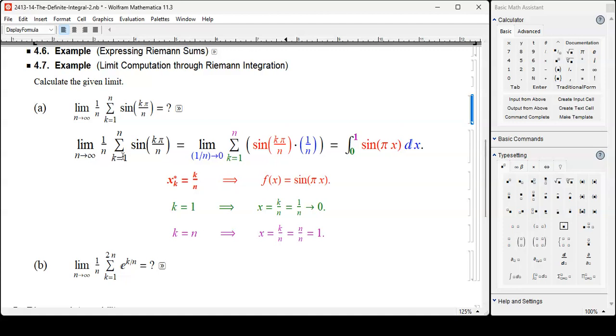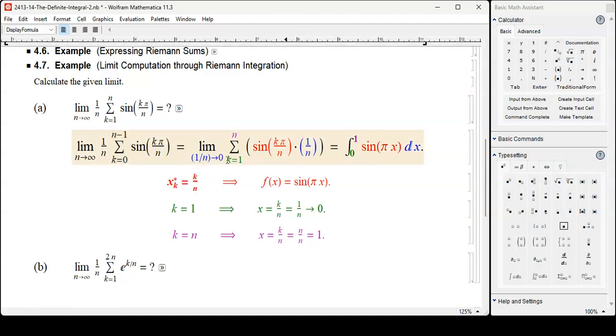What if I change this problem a little bit to this? K starting from 0 to n minus 1. Still n rectangles. Will that change a lot? Not really, because if k is 0, then we have 0 over n, and that's equal to 0. So starting x value is 0 again.